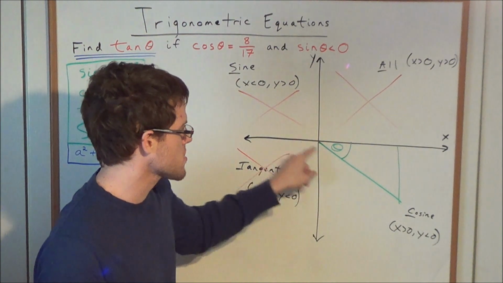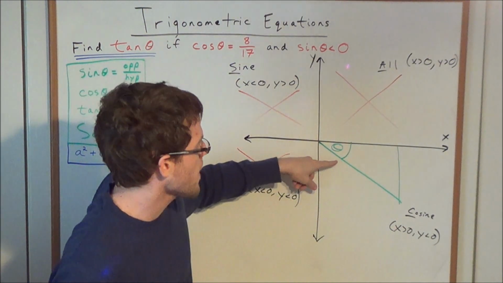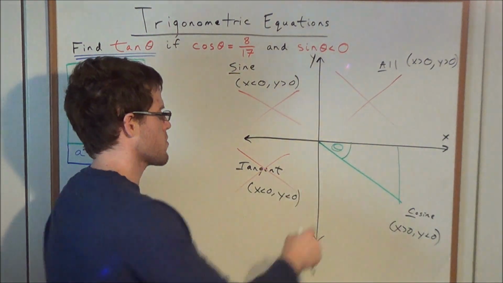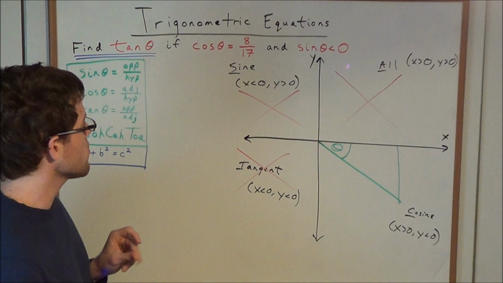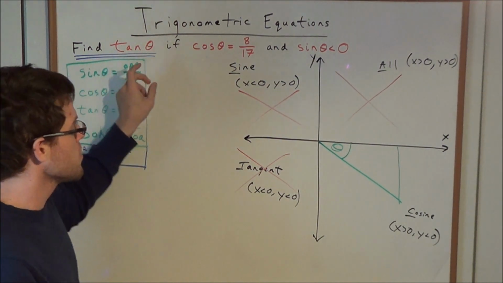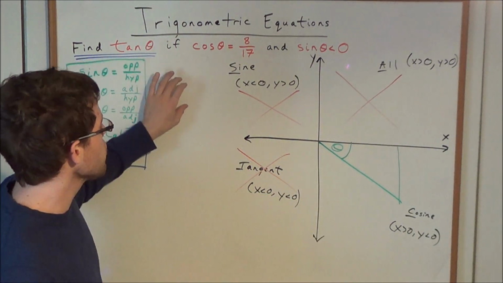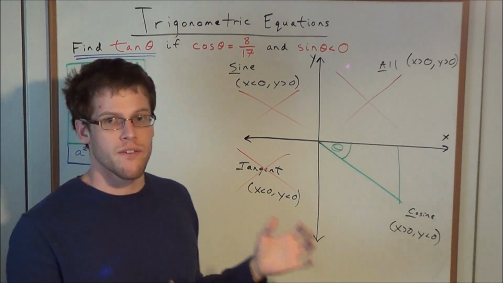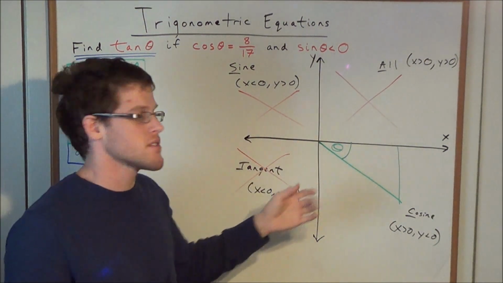Using this radius that we're drawing out here, we consider theta to be the angle bringing us back to the x-axis. We wouldn't draw theta towards the y-axis. Now, we need to find tangent theta. Notice that only cosine is positive in the fourth quadrant, so when we find our answer, we should get a negative number. This is helpful in the event that we get a positive number.